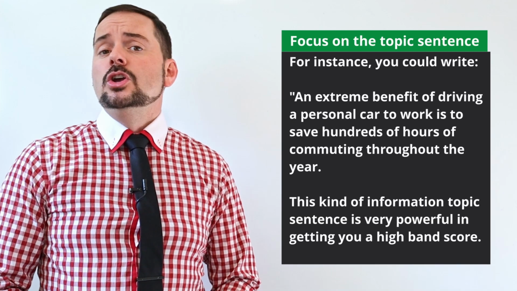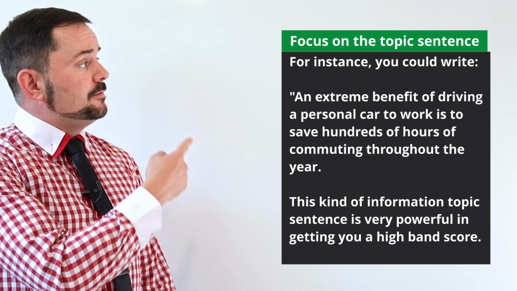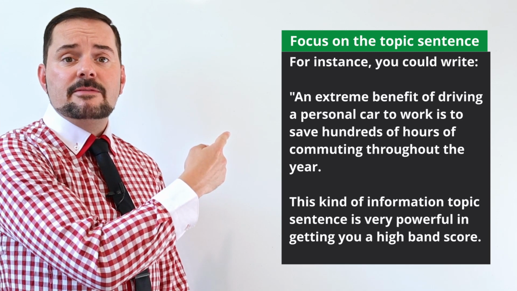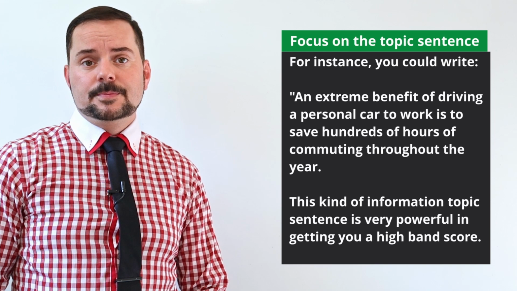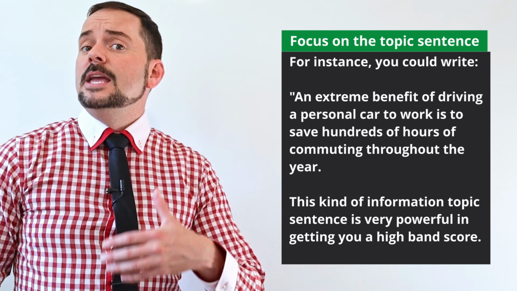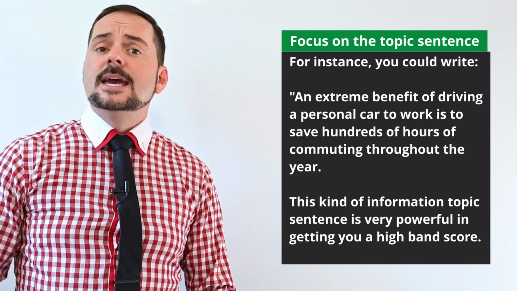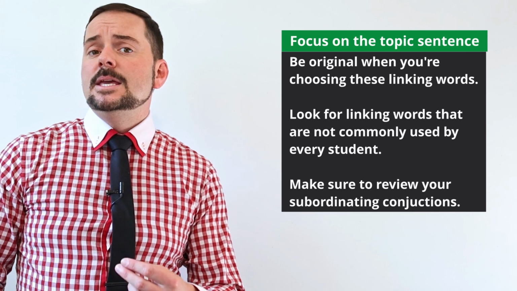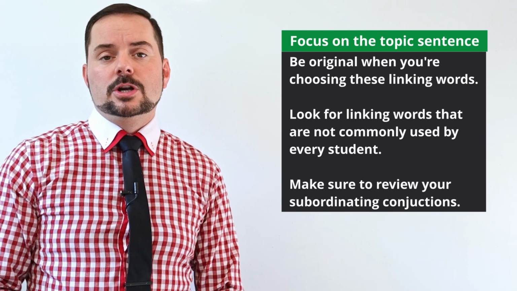For instance, you could write, an extreme benefit of driving a personal car to work is to save hundreds of hours of commuting throughout the year. This kind of information topic sentence is very powerful in getting you a high band score. So be original when you're choosing these linking words.